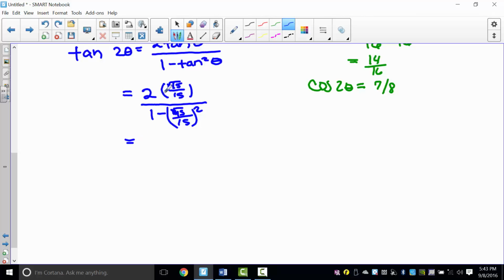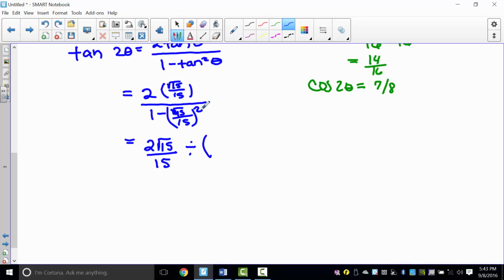Okay. 2 times radical 15 over 15 is 2 radical 15 over 15 divided by, in my denominator, I have 1 minus radical 15 over 15 squared.